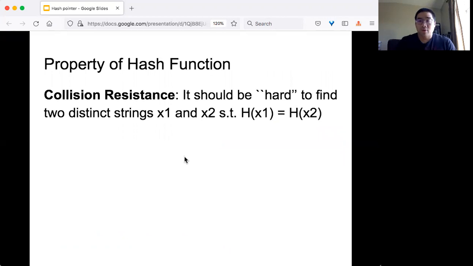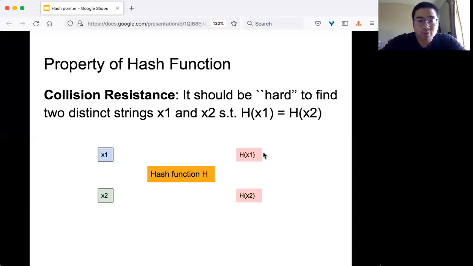So last time we talked about three kinds of properties of hash functions, and one of them is called collision resistance. Roughly speaking, we have a hash function h, and it should be computationally infeasible, or hard, to find a pair of two different strings x1, x2, such that h(x1) equals h(x2).